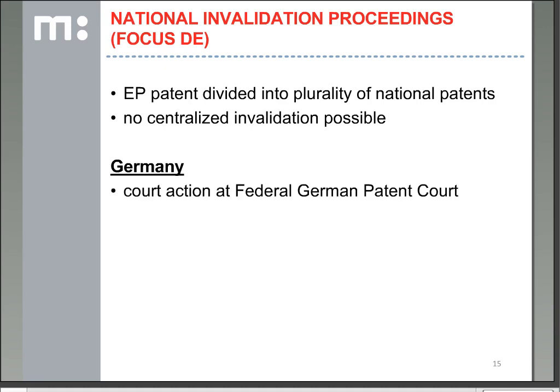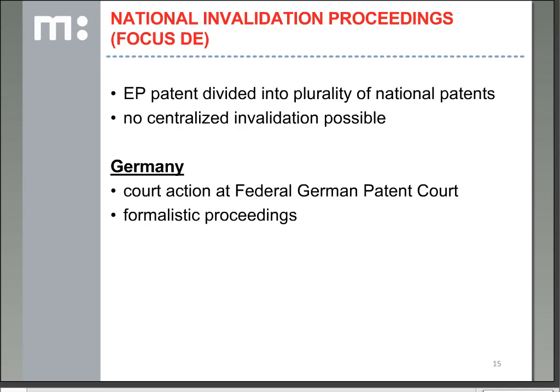And a German national invalidation proceeding has the format of a court action at the Federal German Patent Court. And it's not like opposition proceedings. It's really a court action with its own procedural rules, and it's a rather formalistic proceeding. In some cases, patent owners or parties trying to invalidate the patent not only get a patent attorney to represent them, but also an attorney at law.